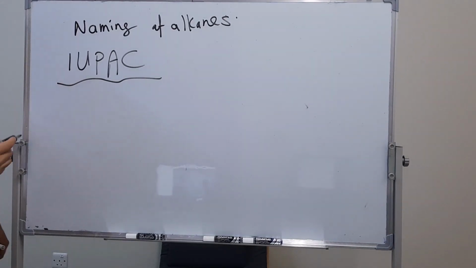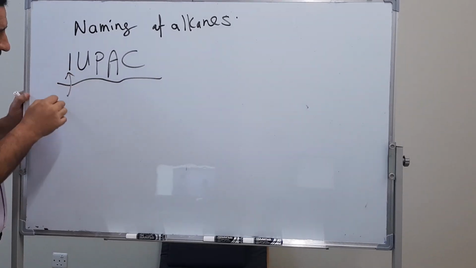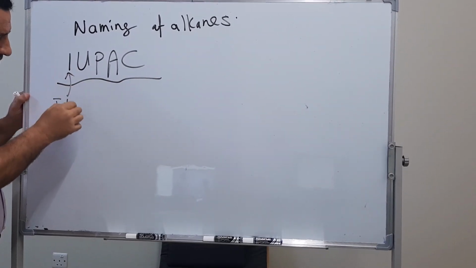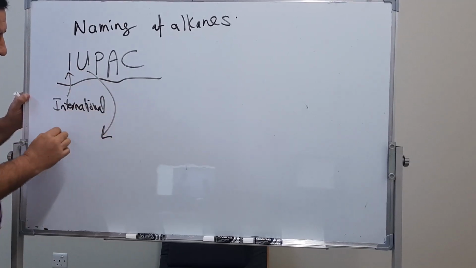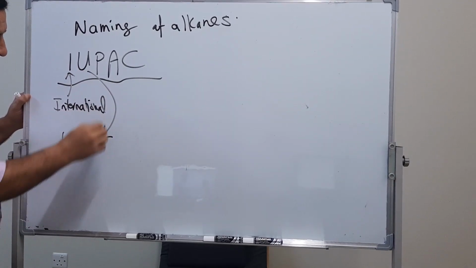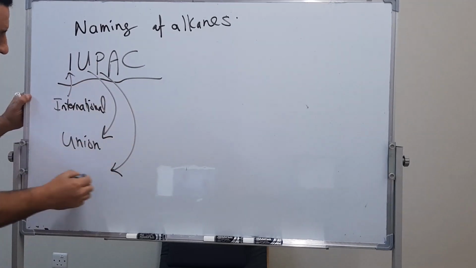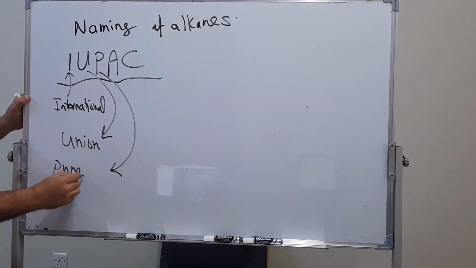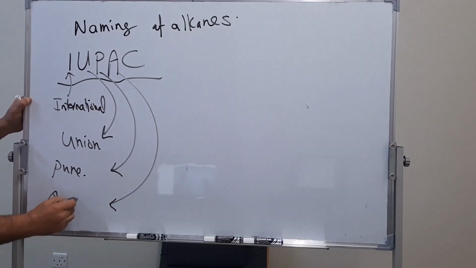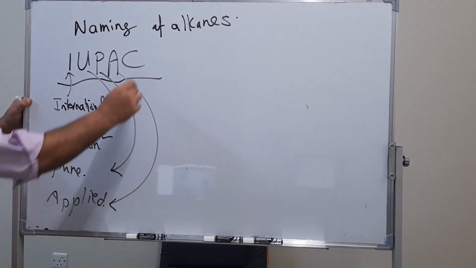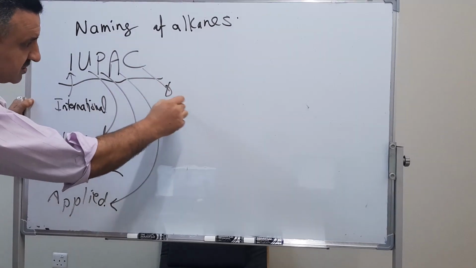What does IUPAC stand for? I stands for International, U stands for Union, P stands for Pure, A stands for Applied, and C stands for Chemistry.